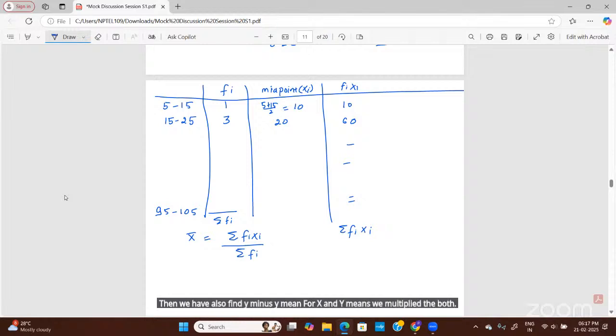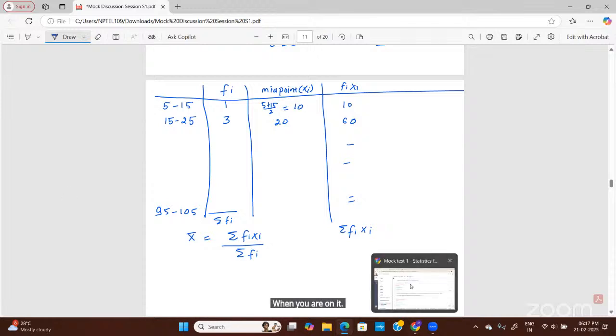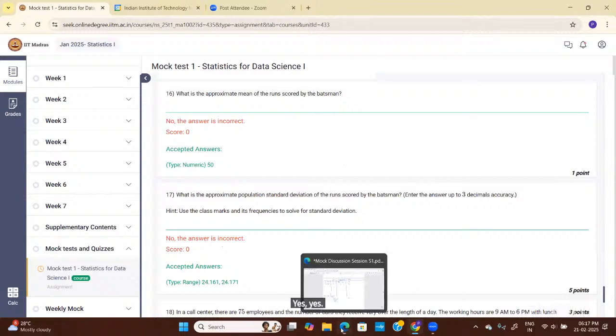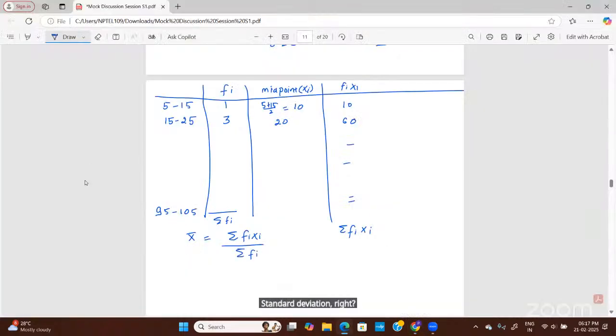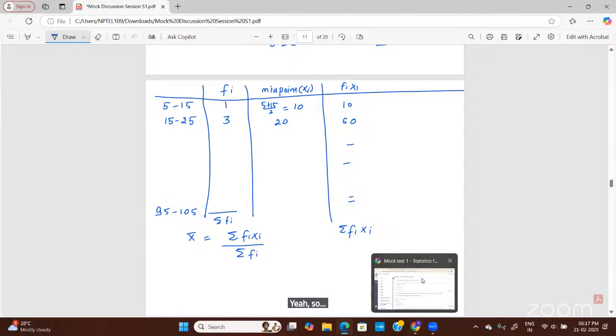That I'm not getting. Can we solve this in detail? Population standard deviation, this one? Yes, the standard deviation. Here I'm confused.